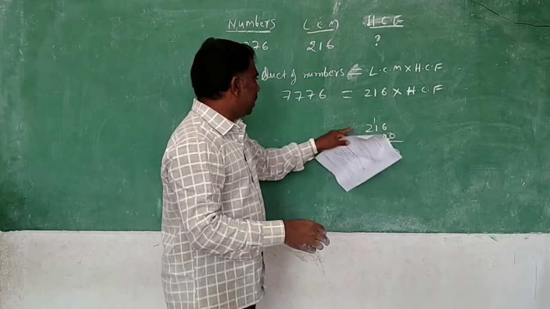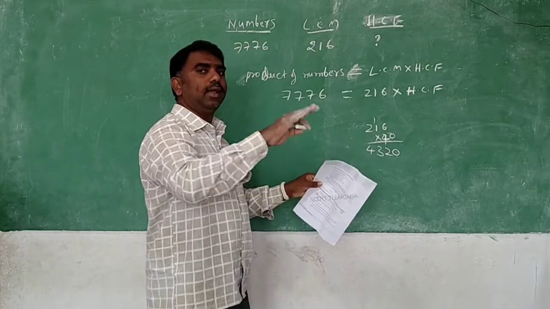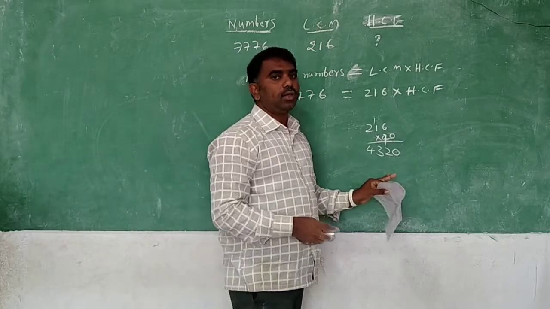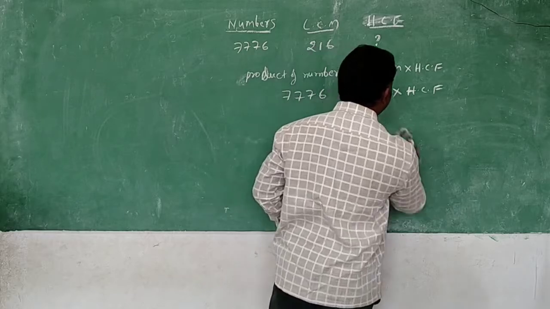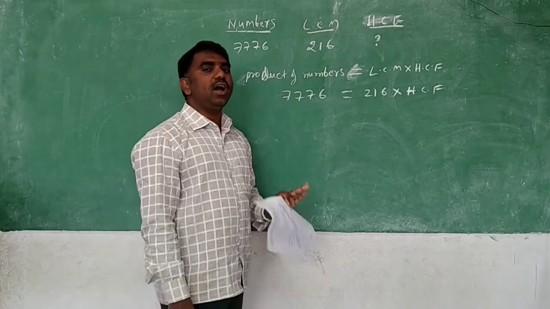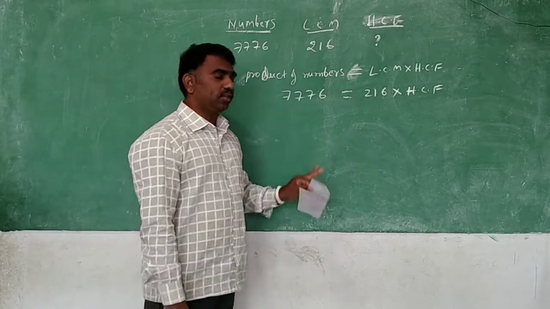If it is near to this, then come down or go up, meaning 39, 38, like that, or 41, 42, whichever is exact. So find and guess the number. That number you get is called the HCF. This is a way of finding answers by using this relation.